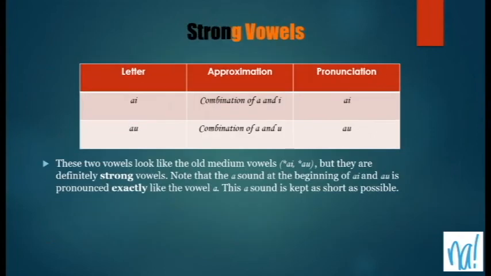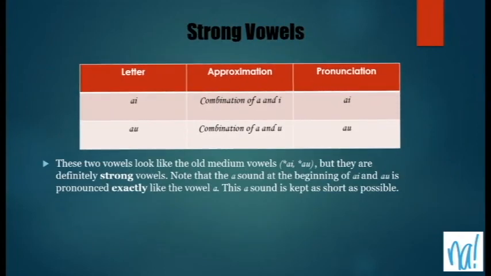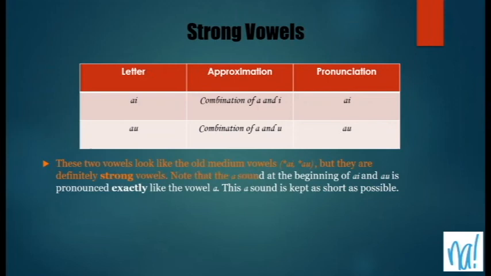Strong vowels. These two vowels look like the old medium vowels, but they are definitely strong vowels. Note that the A sound at the beginning of each is pronounced exactly like the short vowel. This A sound is kept as short as possible.